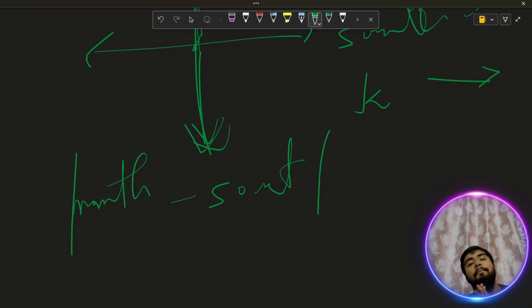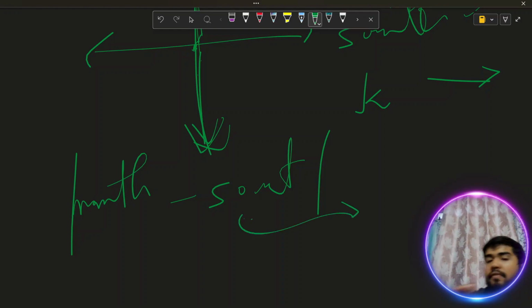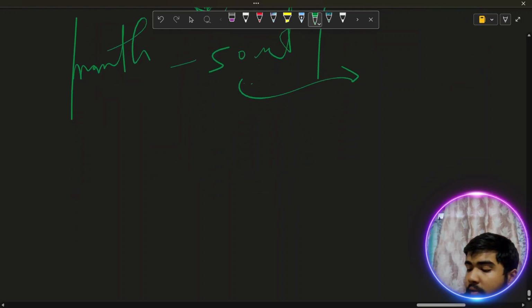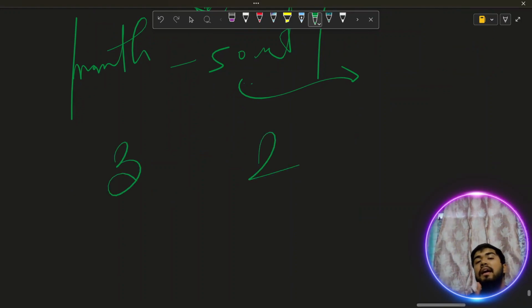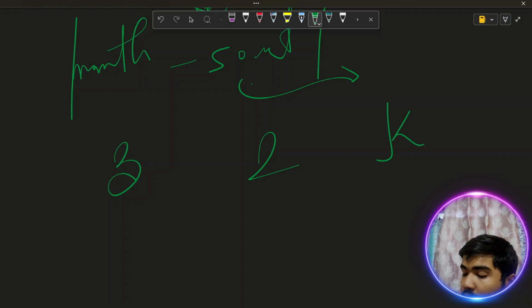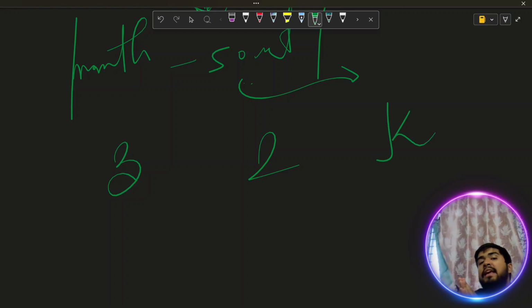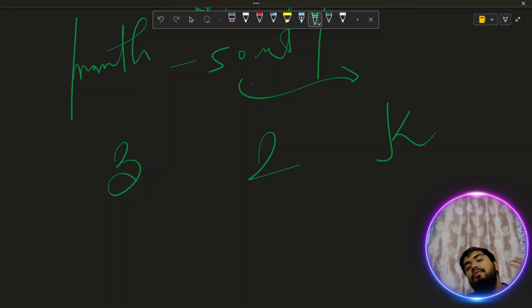What I basically have to do here is decrease. Let's suppose I have encountered 3 north till that point and 2 south till this point. With the k factor, I can change any directions to any other directions.